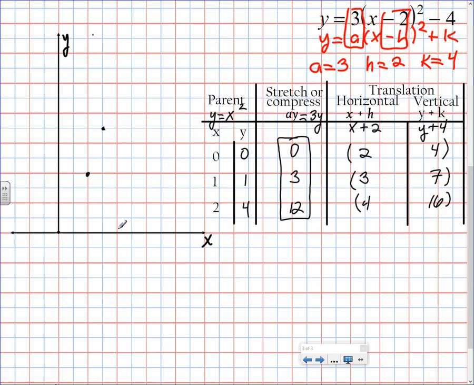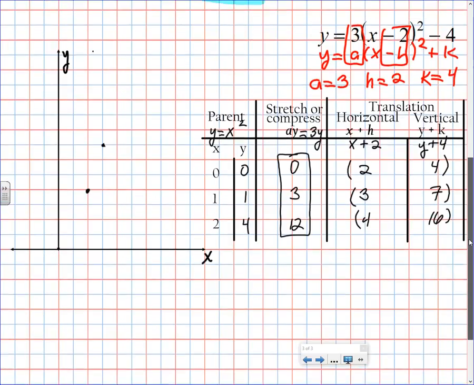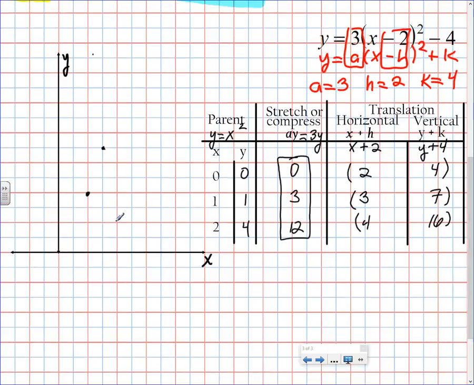Count up 1, 2, 3, up to 15. One more will give you 16. I need to move up a little bit, 1 through 16.